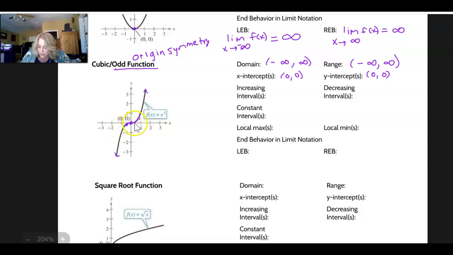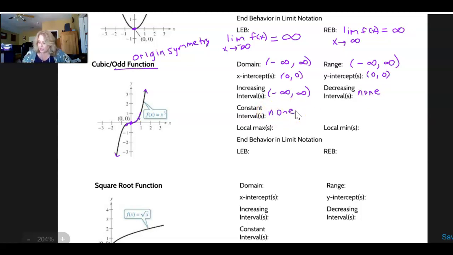It's not increasing as fast in this region, right? And so we would say it's increasing over its whole domain, and its domain is negative infinity to positive infinity, so it's increasing that whole time. So it's never decreasing, it's never constant, okay?